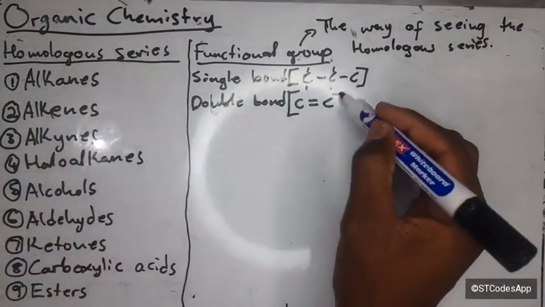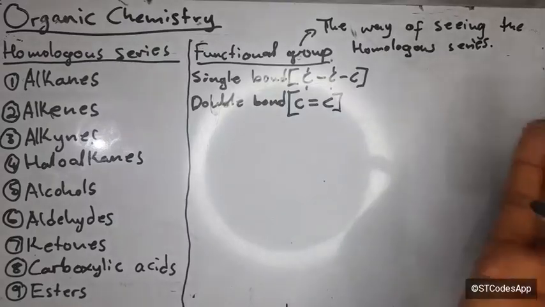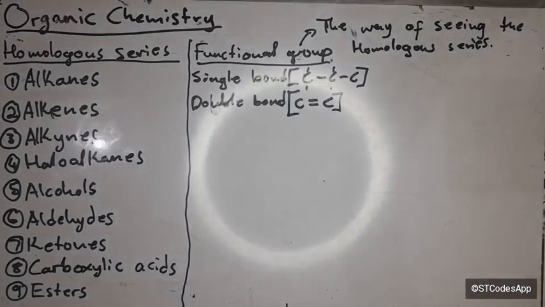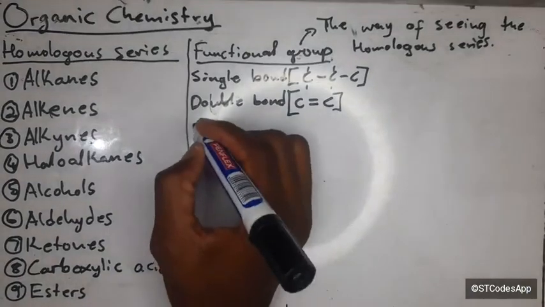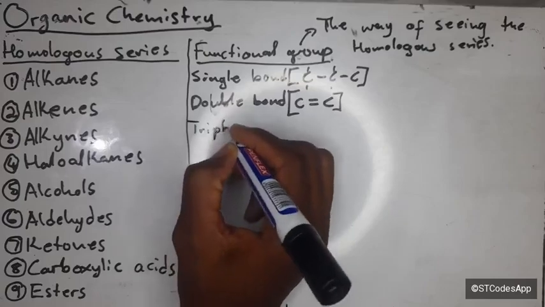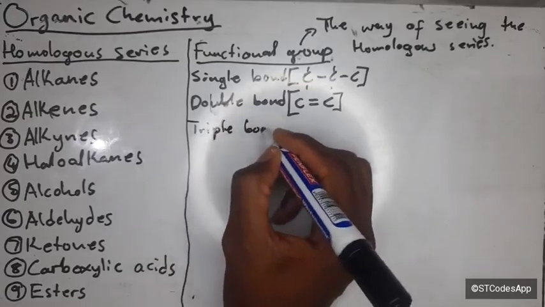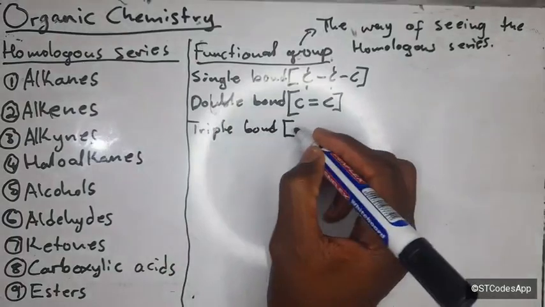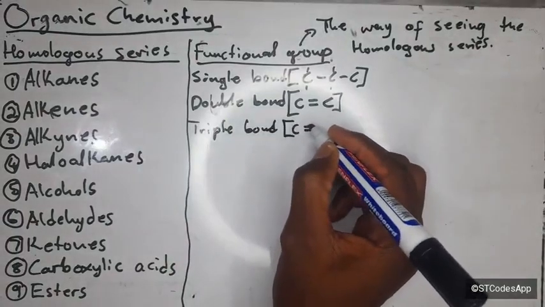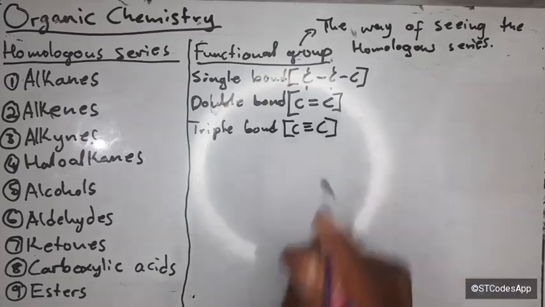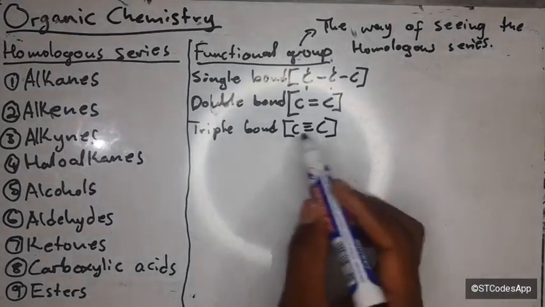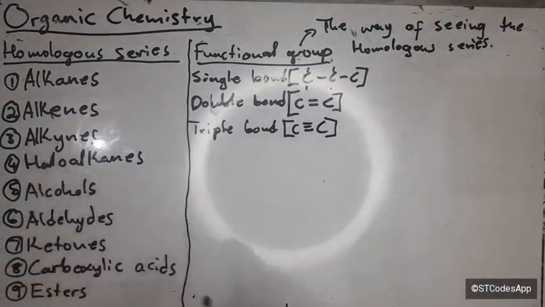These kinds of things tell you which homologous series you have for that specific compound. With alkynes, you notice them by the triple bond. It's something like this: C, triple bond, then another C. This is the functional group for alkynes.